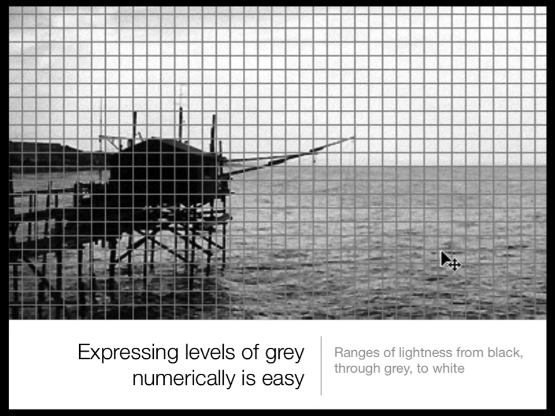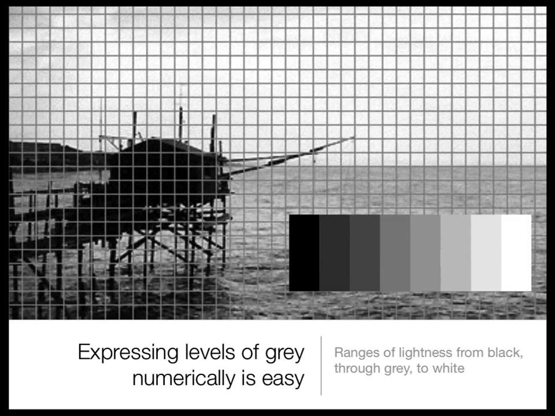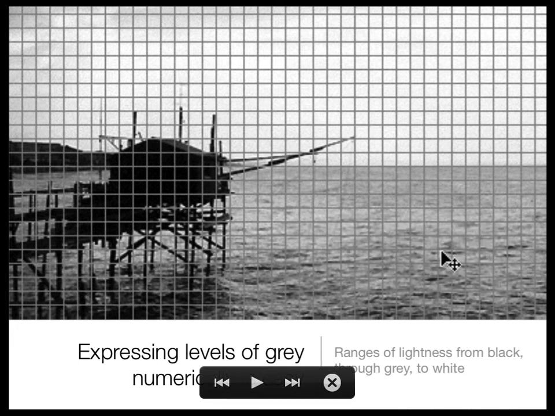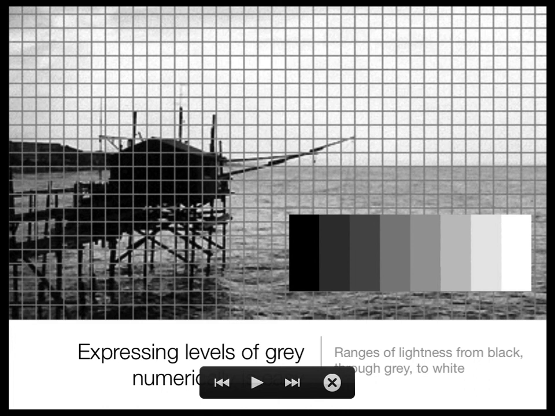So we've seen that when we're digitizing a black and white image, we identify each area, each region, and then we get the average lightness or darkness of it, and then we fit that into one of a range of values. So here there are 1, 2, 3, 4, 5, 6, 7, 8 ranges of grey.